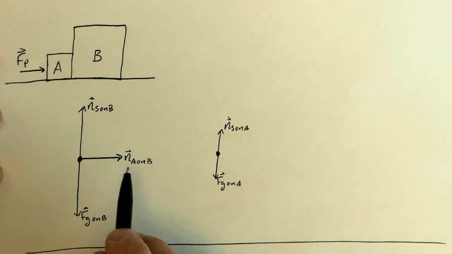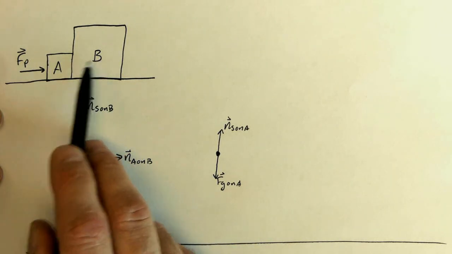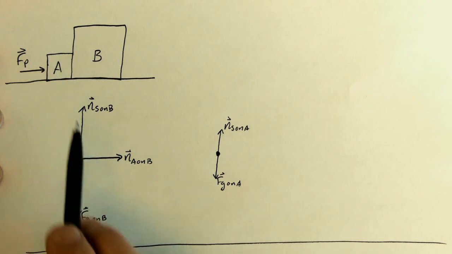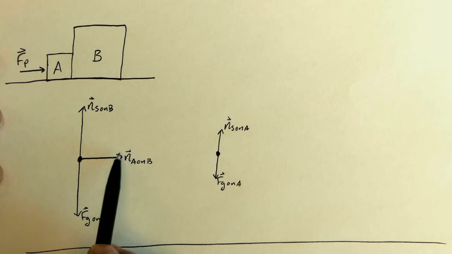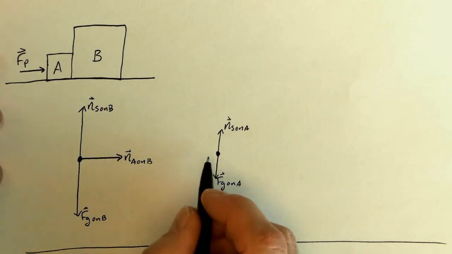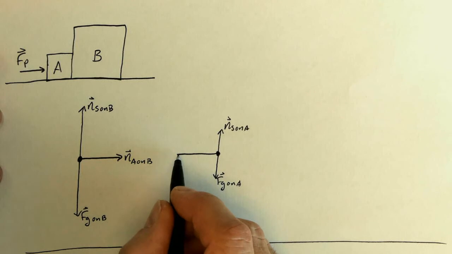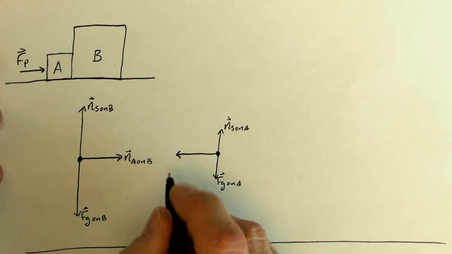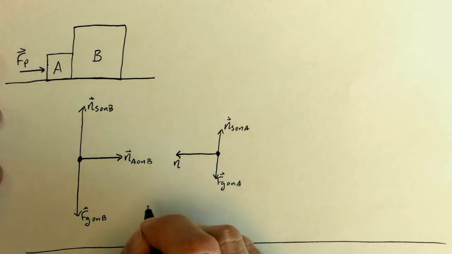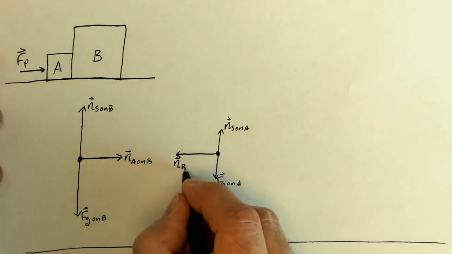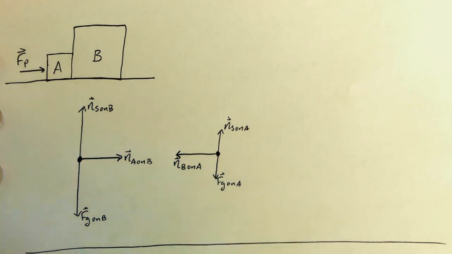And the thing that's important here is that block B pushes back on block A with the same magnitude of force as A pushed on B, which is this one right here. So in indicating that, I'm going to draw a force that is opposite in direction, same size, and label it as the same type of force, normal force, and reverse the subscripts, B on A.